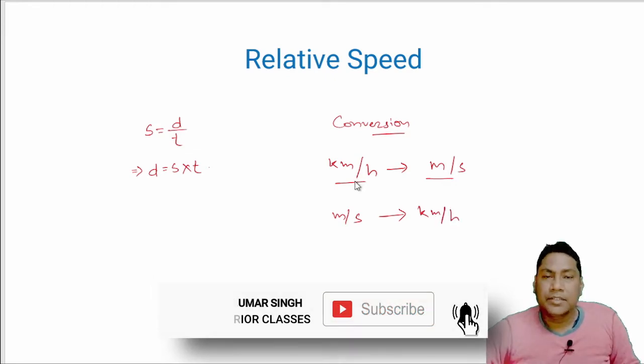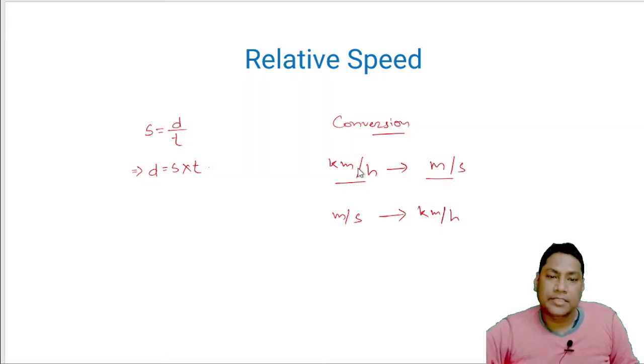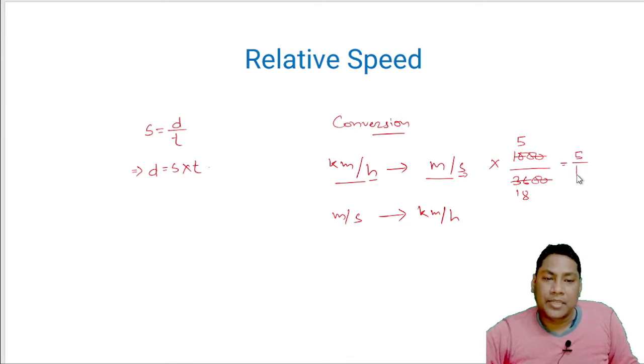For converting from kilometer per hour to meter per second, we multiply by 1000 for kilometer to meter, and for hour to second we divide by 3600. If we solve, the zeros cancel, and 5 2s are 10 and 18, so it becomes 5 by 18.